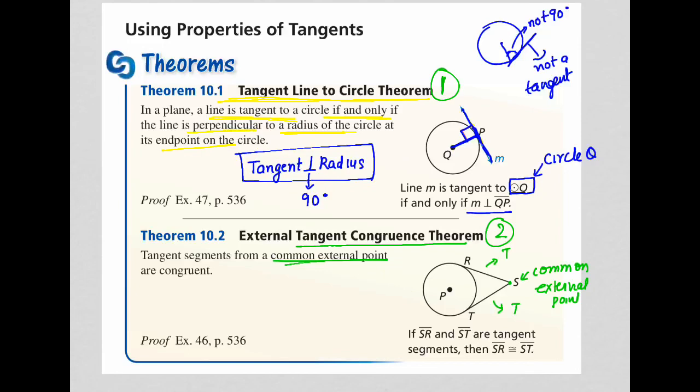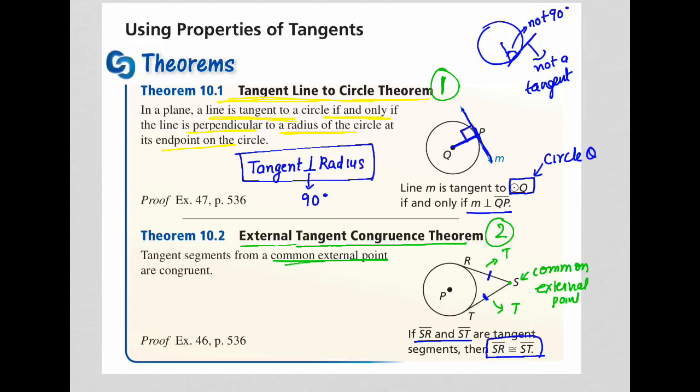Then what is the theorem? According to the external tangent congruence theorem, the tangents are going to be congruent. This is going to be congruent to this. So we can say SR and ST are congruent, they are tangent segments and they're going to be congruent.